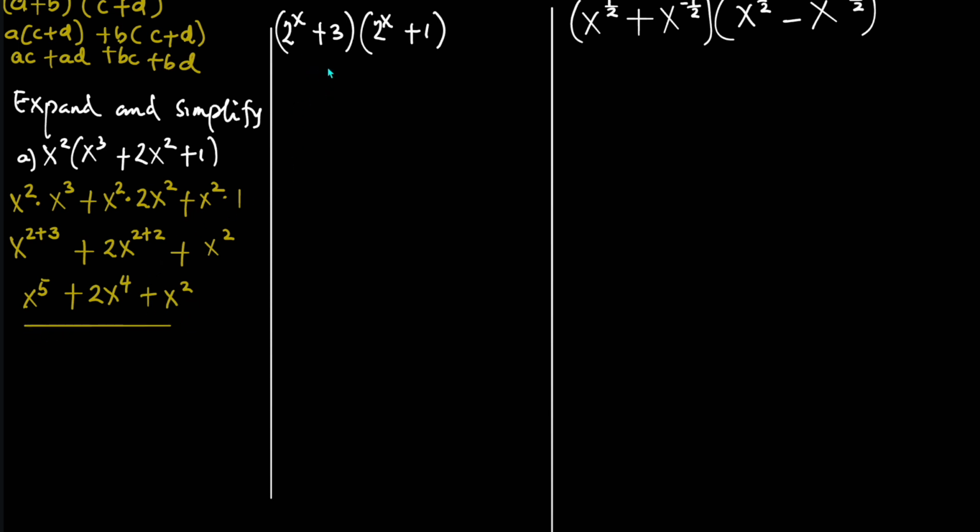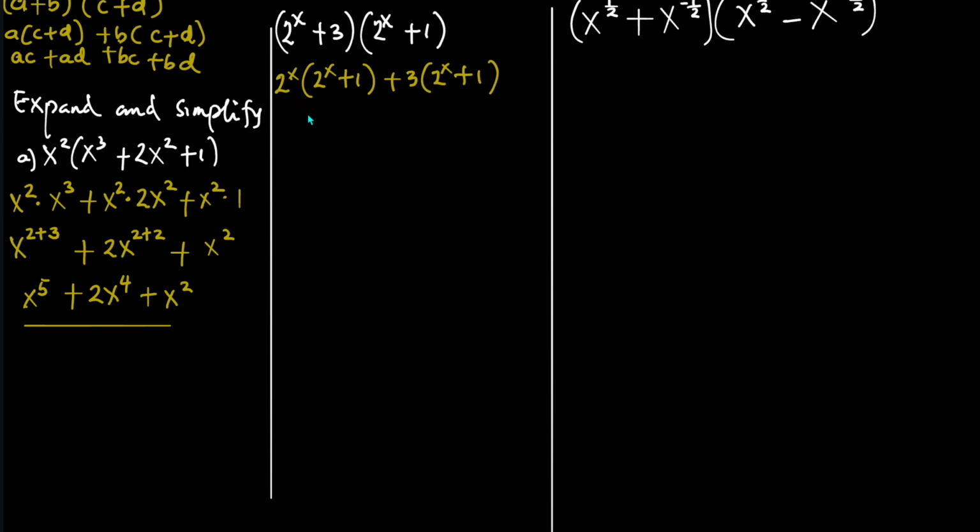Next, we have 2 binomials in the parentheses. So it's very similar to the first instance that I gave at the beginning of this lesson. So this becomes 2 to the power of x multiplying 2 to the power of x plus 1, then plus 3 multiplying 2 to the power of x plus 1.